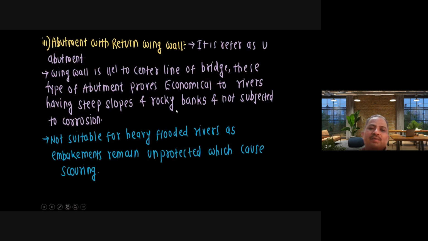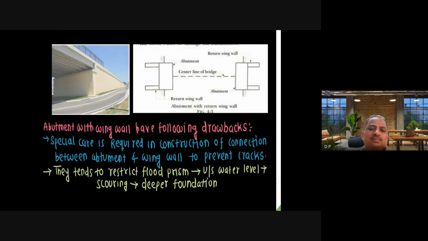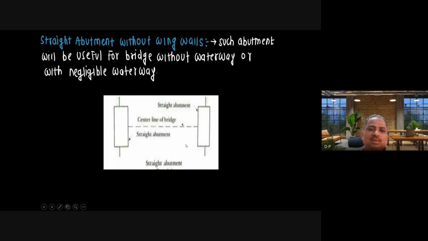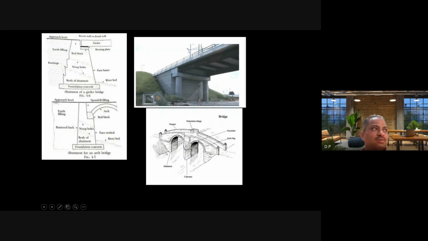Abutment with return wing wall. So you can see different types of wing walls also. If there is not much water flowing, you can have straight wing walls also.